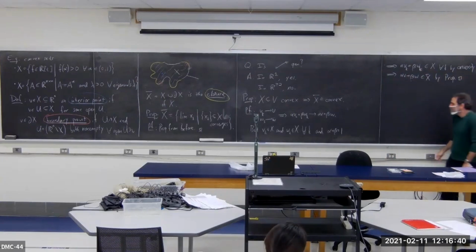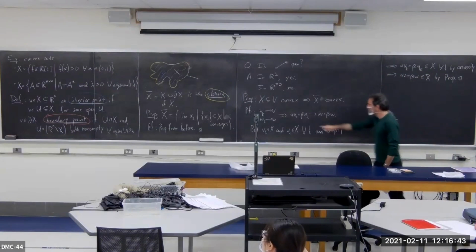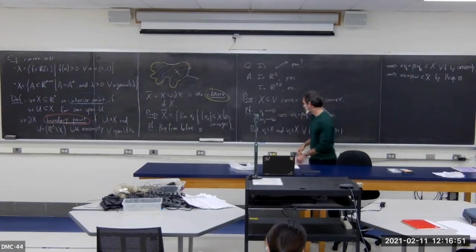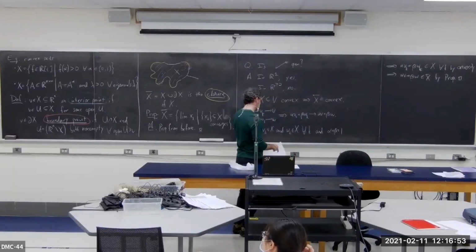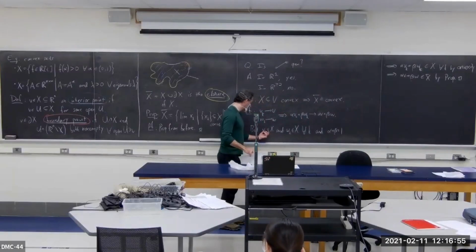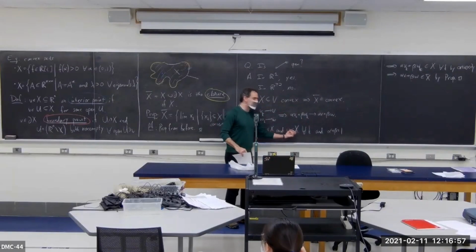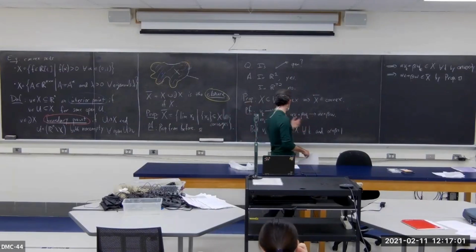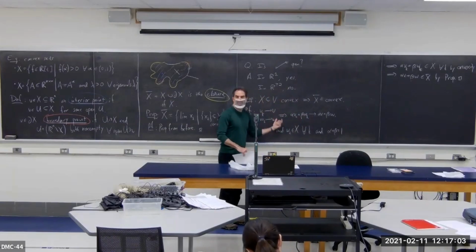We were supposed to show that if we had two points that were limits of sequences of points in X, and we took a convex combination of them, that was still inside of X bar. To say that, you're saying that if the V_k are all in X and the W_k are all in X, that's the same thing as saying that V and W lie in X bar.